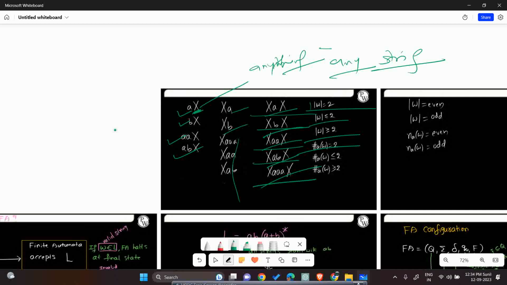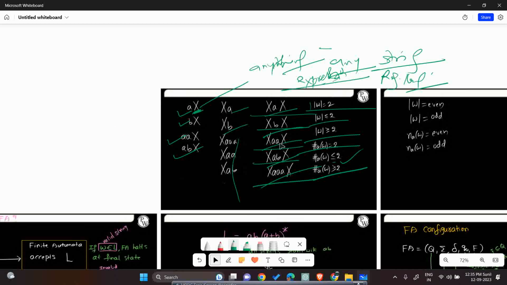We can say the number of A's is less than or equal to 2, or greater than or equal to 2. These all are regular expressions, right? Regular expressions to express regular language, right?